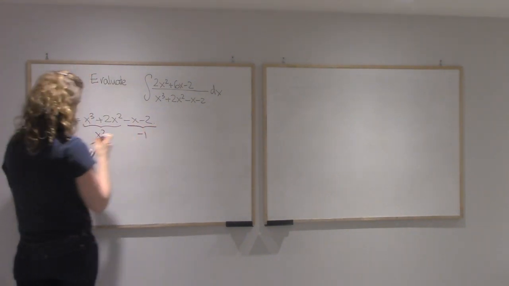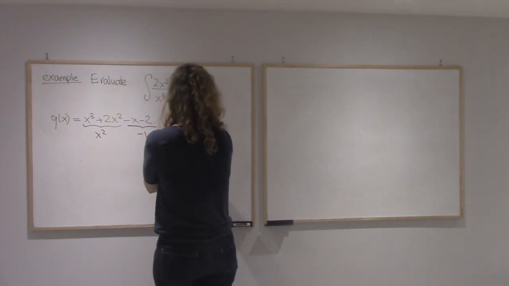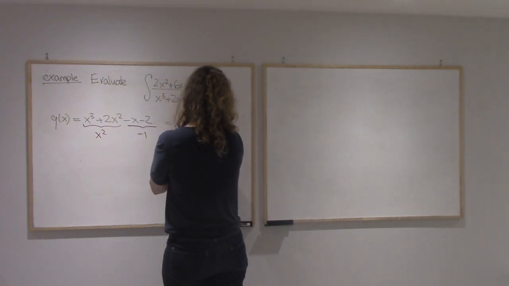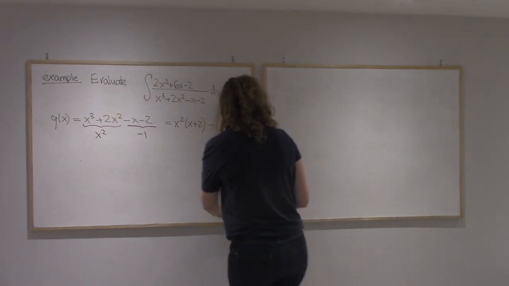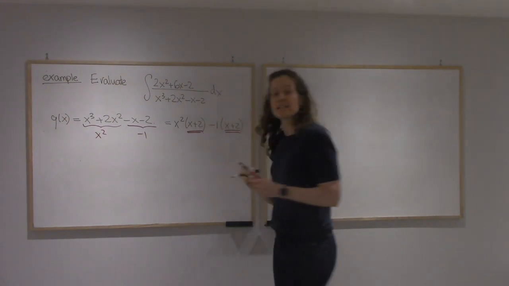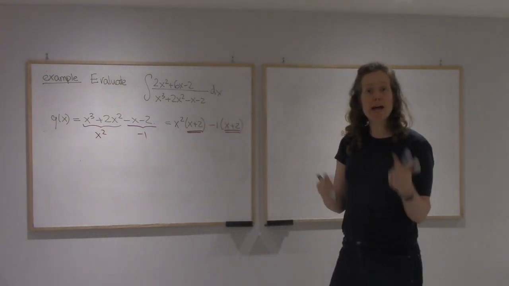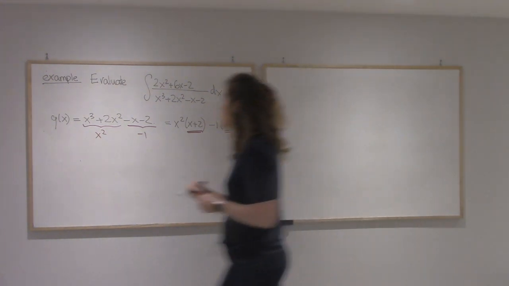Out of these, I'm going to factor minus 1. So what I'll get is x squared times x plus 2 minus 1 times x plus 2. Since x plus 2 is in both, I can factor it out, and that tells you that factor by grouping will work.